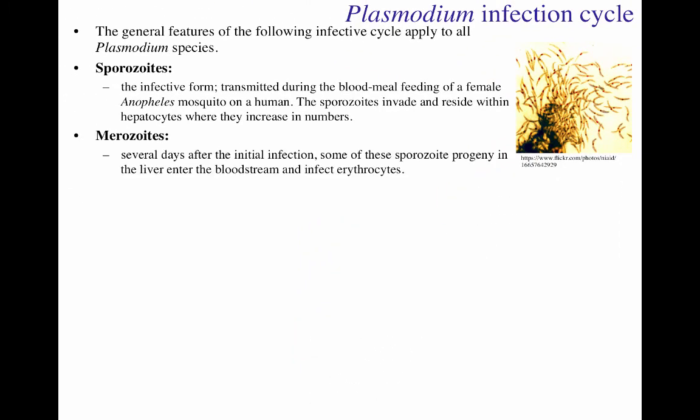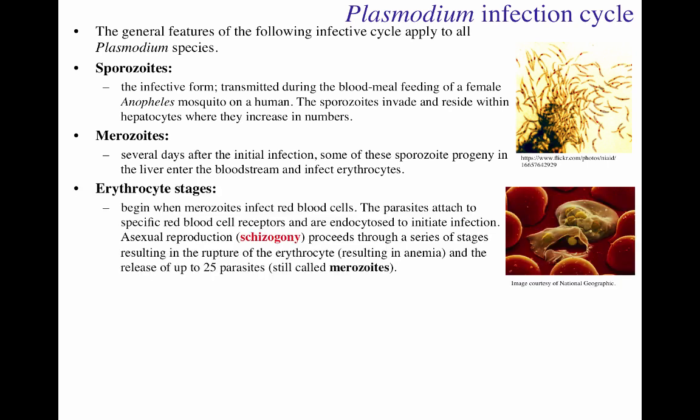Once they are in the liver, after days of infection, they can undergo a metamorphosis into a stage called the merozoite. So the merozoite is a stage that allows for the movement of the parasites from the liver into the blood. And the merozoites are the parasites that are able to infect the red blood cells.